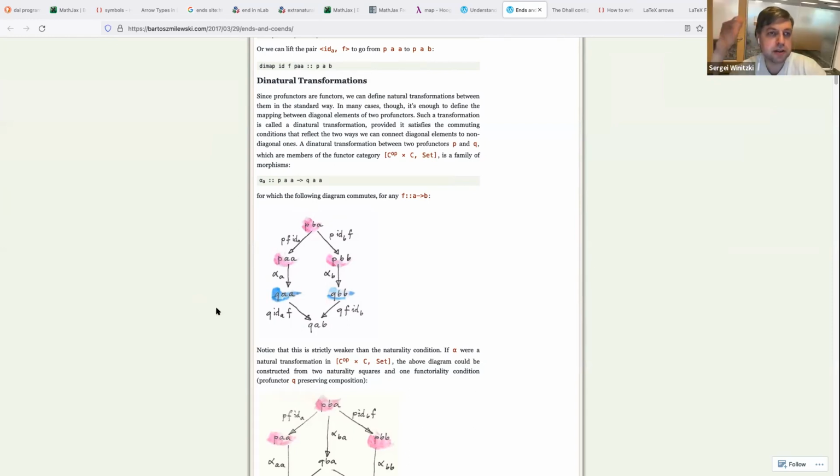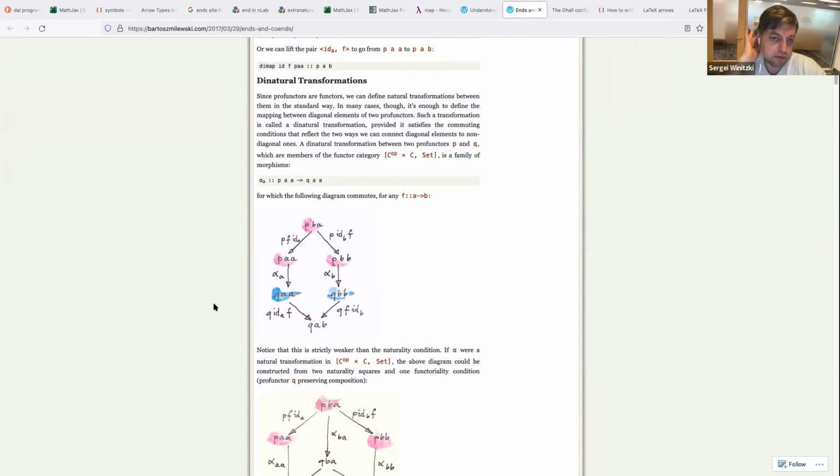Cannot arbitrarily select each of them separately. They must be coherent with each other. And so this hexagon is the analog of that kind of coherence, where you only have profunctor P diagonally transformed into profunctor Q. You do not have arbitrary PAB transformed into QAB. That would be full naturality, and that is stronger.